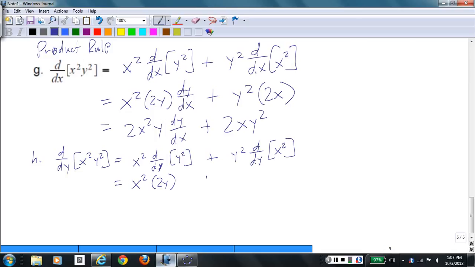So just 2y. And here, d dy of x squared, the variables do not match. So it's going to be 2x times the derivative of x with respect to y, and we would write that dx dy. So 2x squared y plus 2xy squared dx dy.